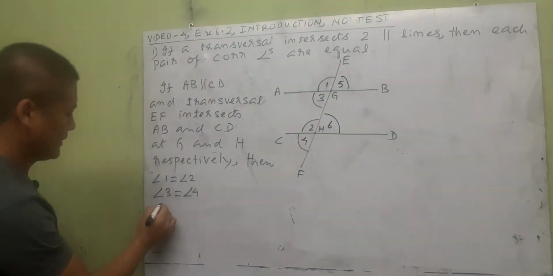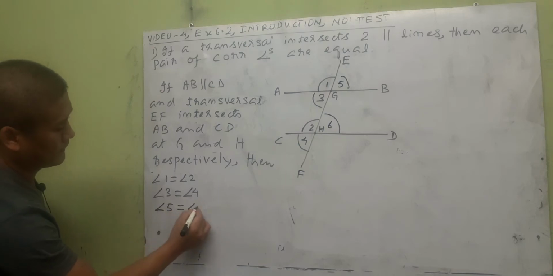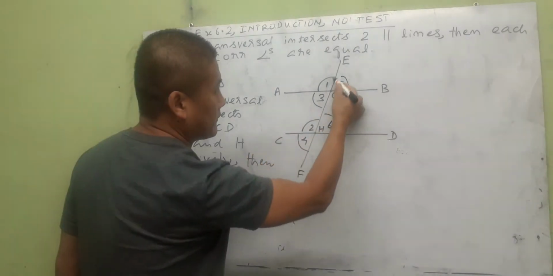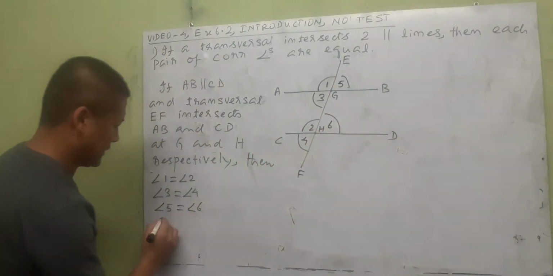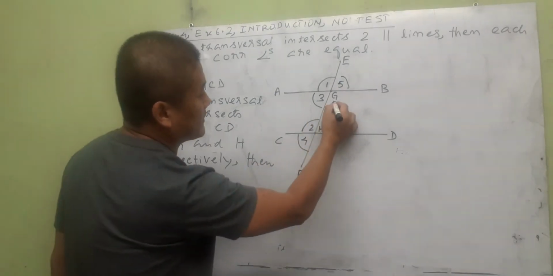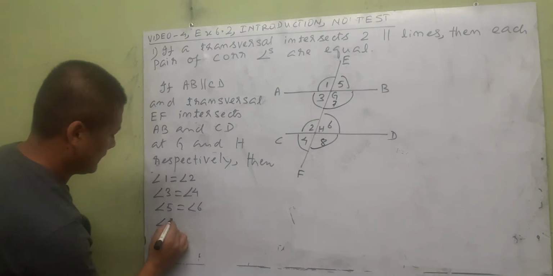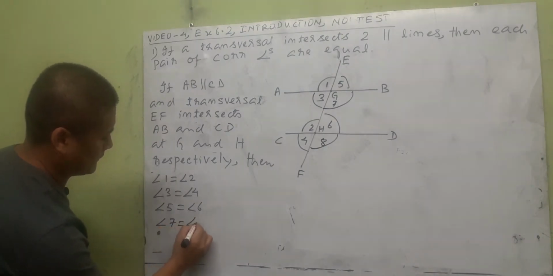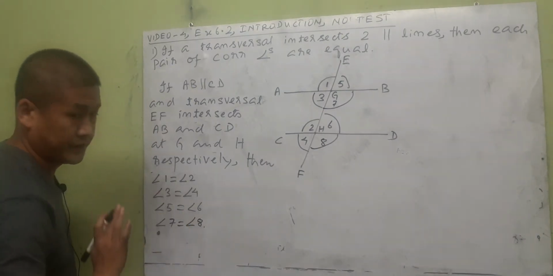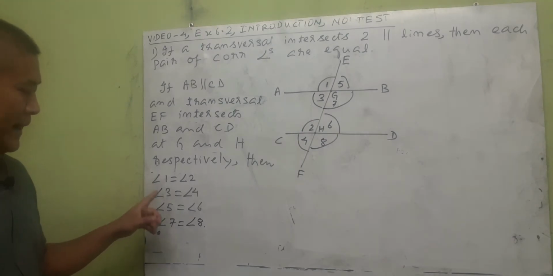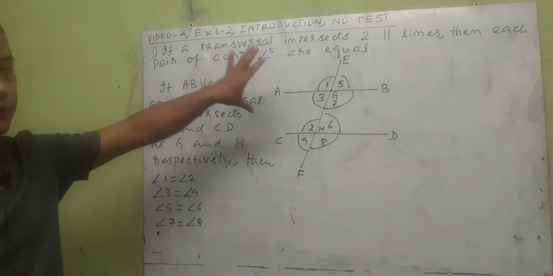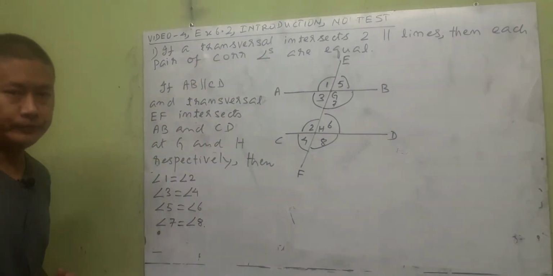This angle 5 and 6, they are corresponding. Then one more pair is there, 7 and 8. So if two parallel lines are cut by a transversal, there are 4 pairs of corresponding angles and they will all be equal. That's what this theorem is saying.